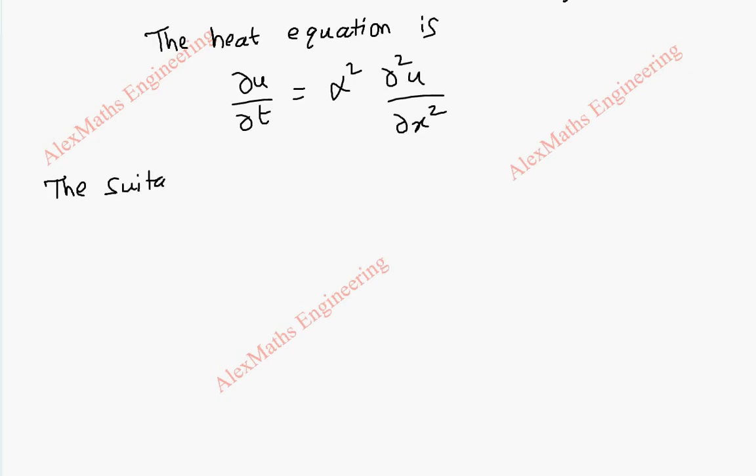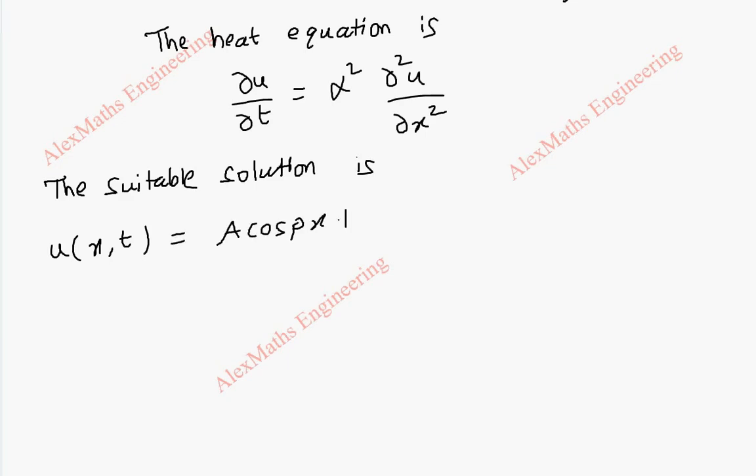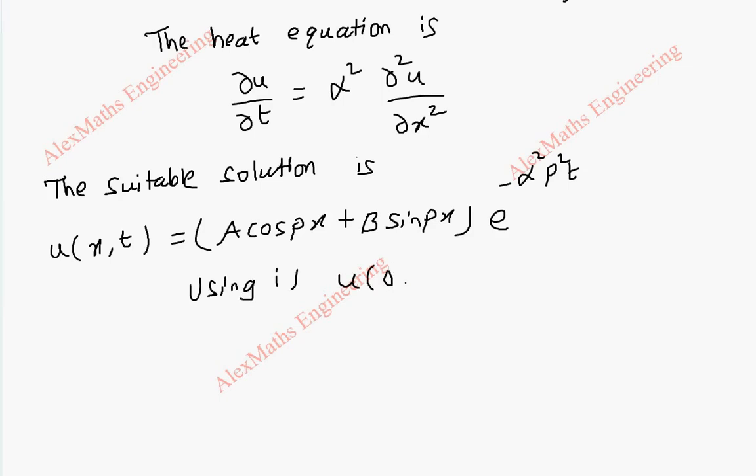The suitable solution is u(x,t) = (A cos px + B sin px) e^(−α²p²t). Now we are going to use the first condition, that is u(0,t) = 0.